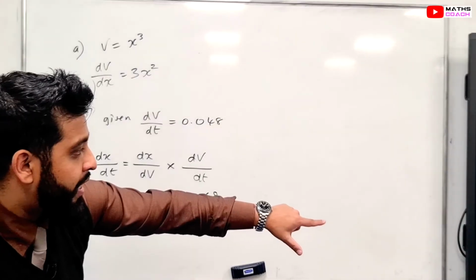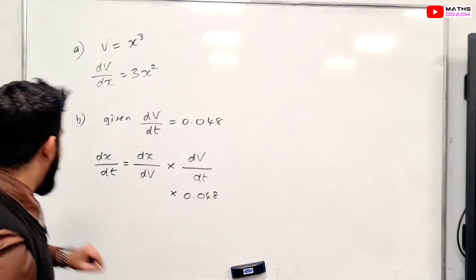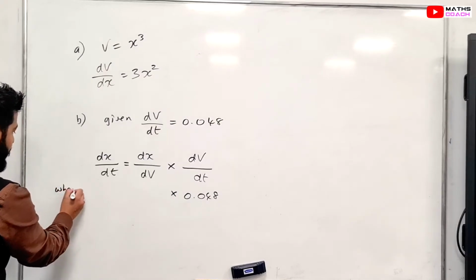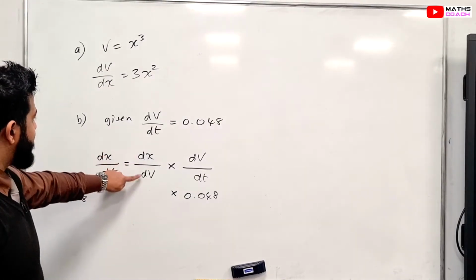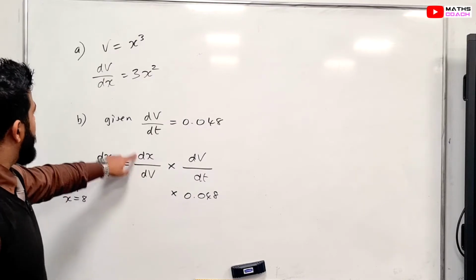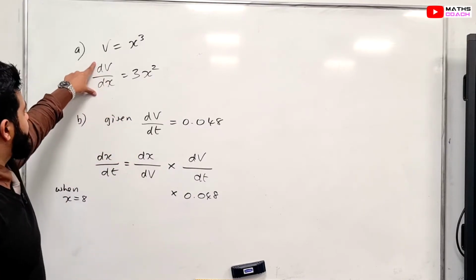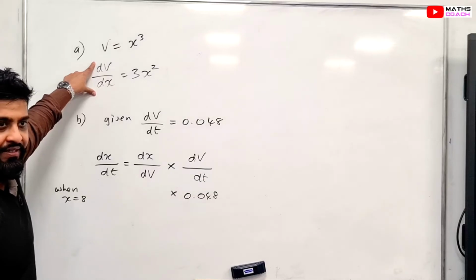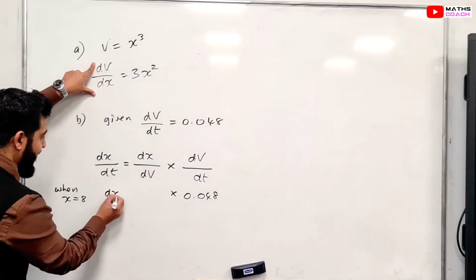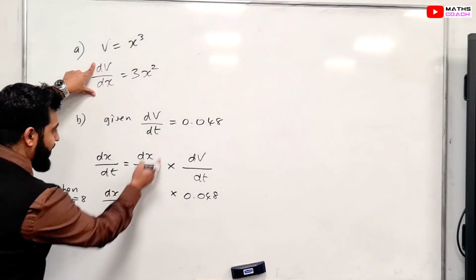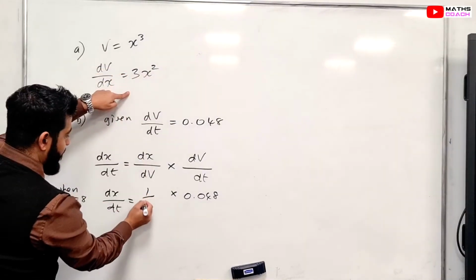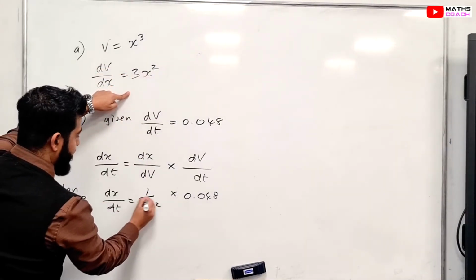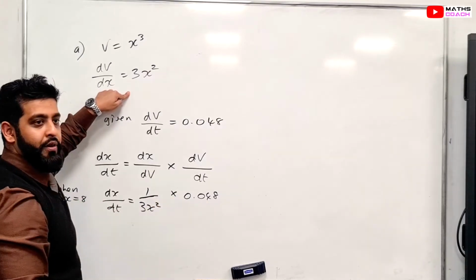So you can replace that right now with 0.048. And what do we want? We want when x is 8, so let's make a little note of that: when x equals 8. We want to find dx over dV. Well, if you look back at the previous question, we have dV over dx. So dx over dt can be found completely now by taking the reciprocal of this, 1 over 3x squared, times that value right there.